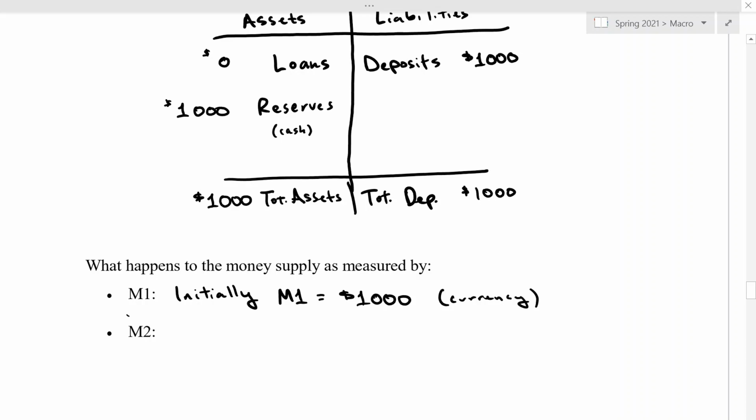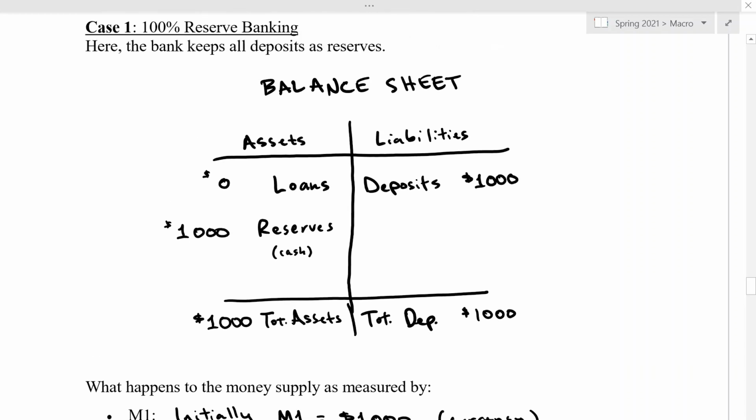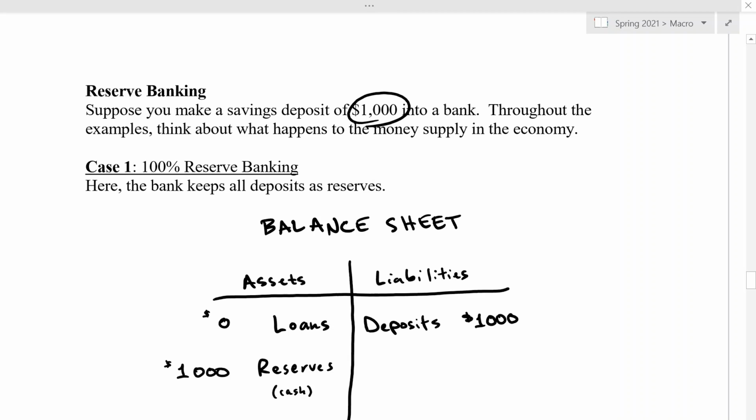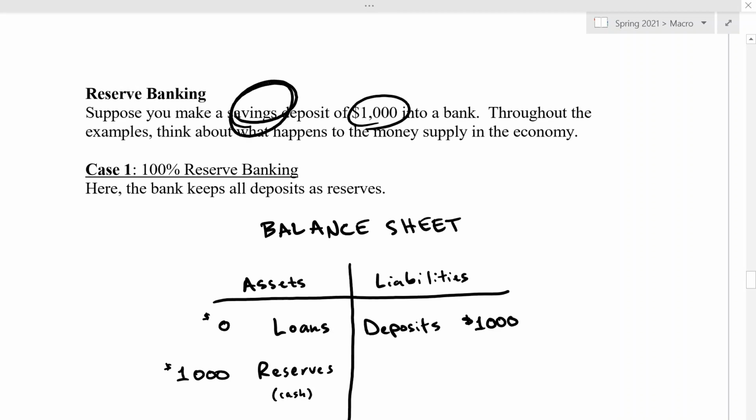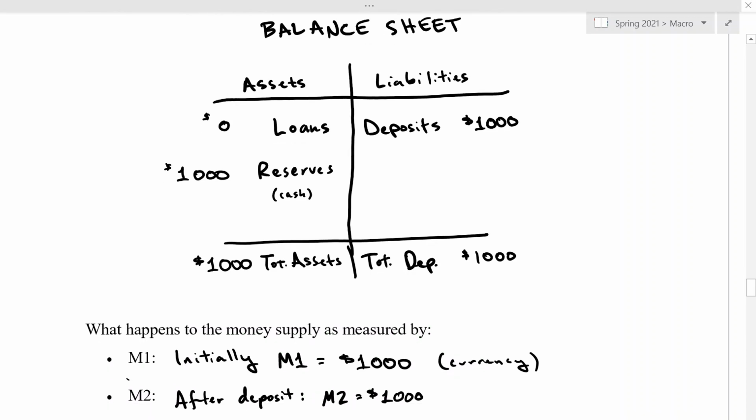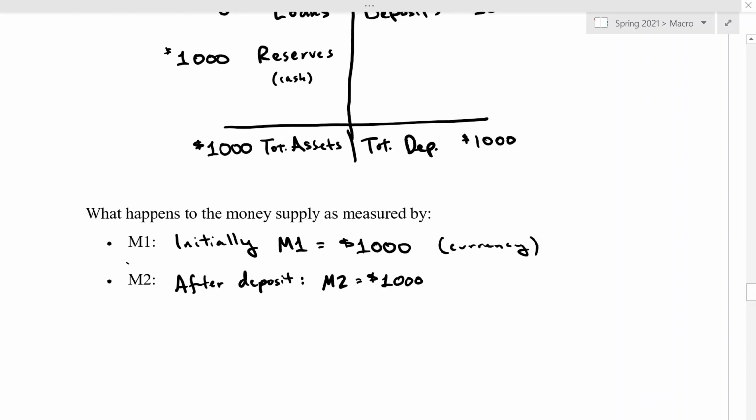And the M2, after the deposit, the M2 has that $1,000 because I've put it into a savings deposit. Because remember, M2 is made up of all of M1, but also the savings deposits.